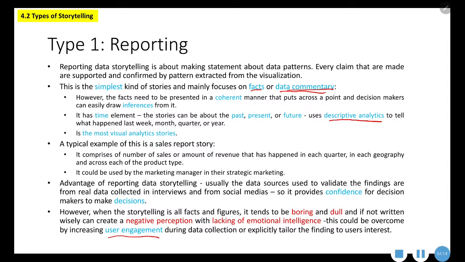Meaning that when we collect data from the user, we should involve the user and get their engagement to discover their requirements, and then it can be better represented and doesn't look like a very dull kind of reporting.